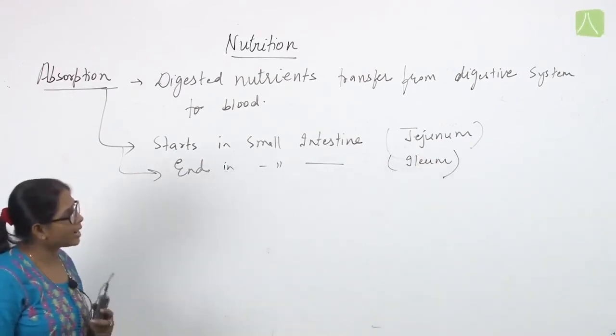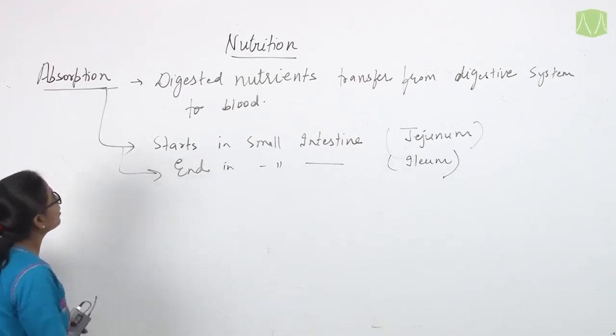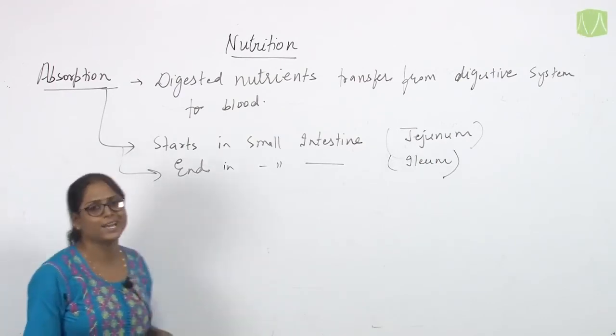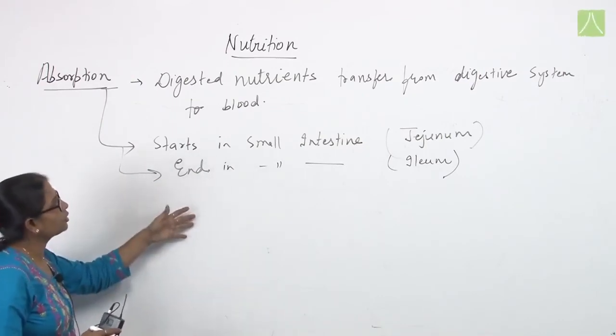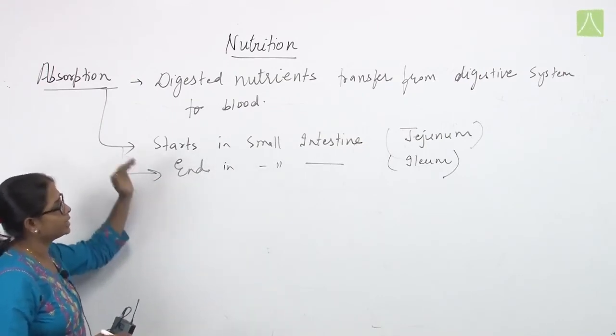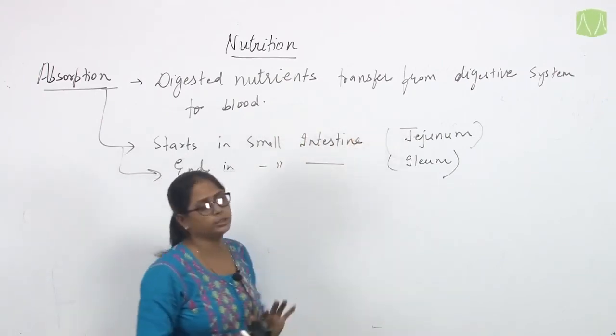So absorption starts in the small intestine and also ends in the small intestine, but here I am talking about the absorption of only digested nutrients, not water. So the digested nutrient is going to be absorbed into the blood from the jejunum and the ileum part.